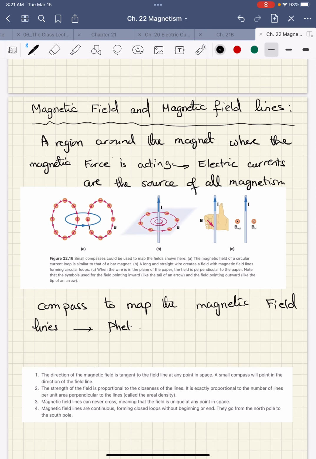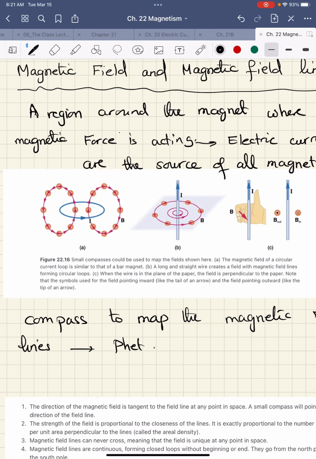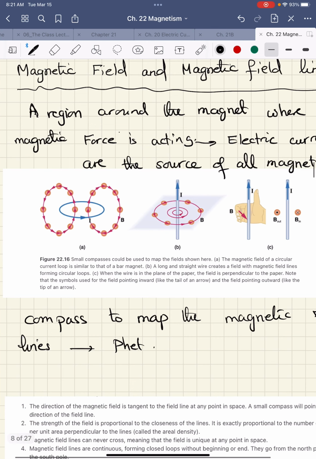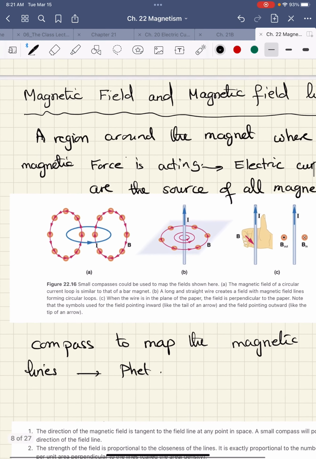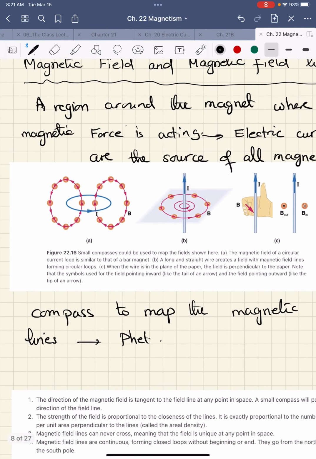Here I'm showing you that I can use a small compass. For number A here, I have a circular current loop, and the current direction is in this direction.